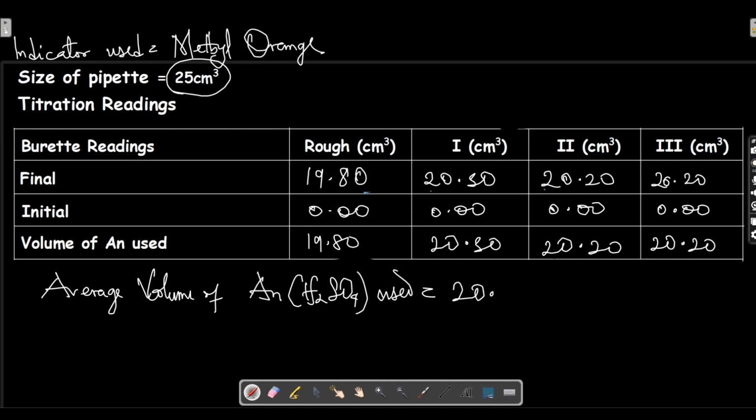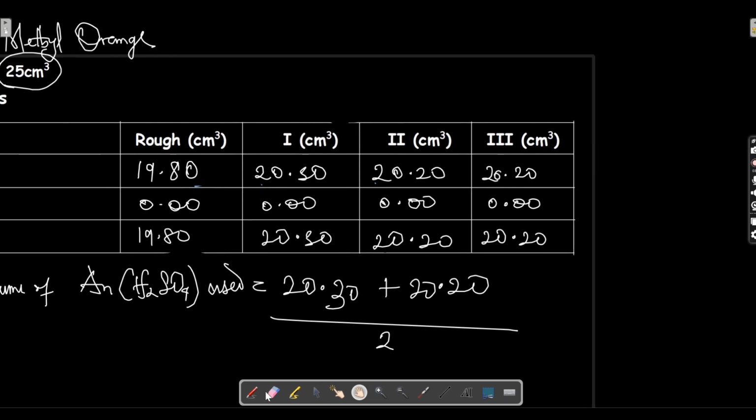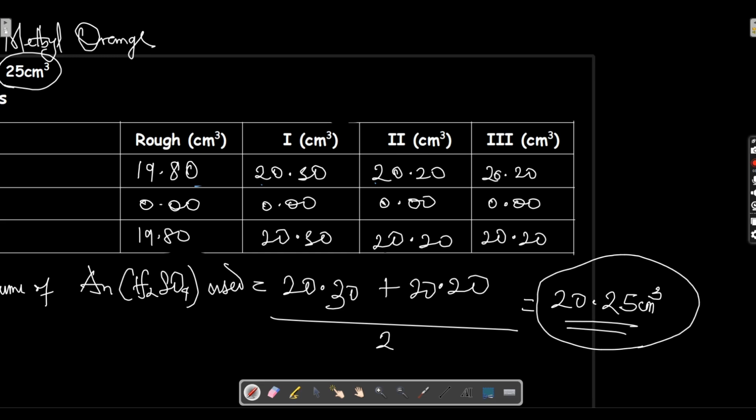So I'm having 20.30 plus 20.20. Since we are using just two values, for the average we divide by 2. Once you sum this and divide by 2, you have 20.25 cm cube. All right, so this is our endpoint for this titration.